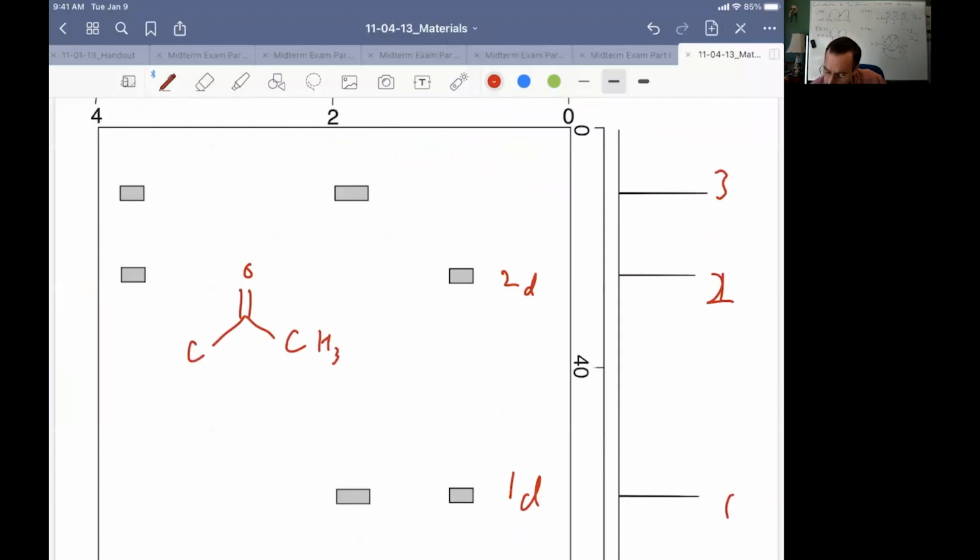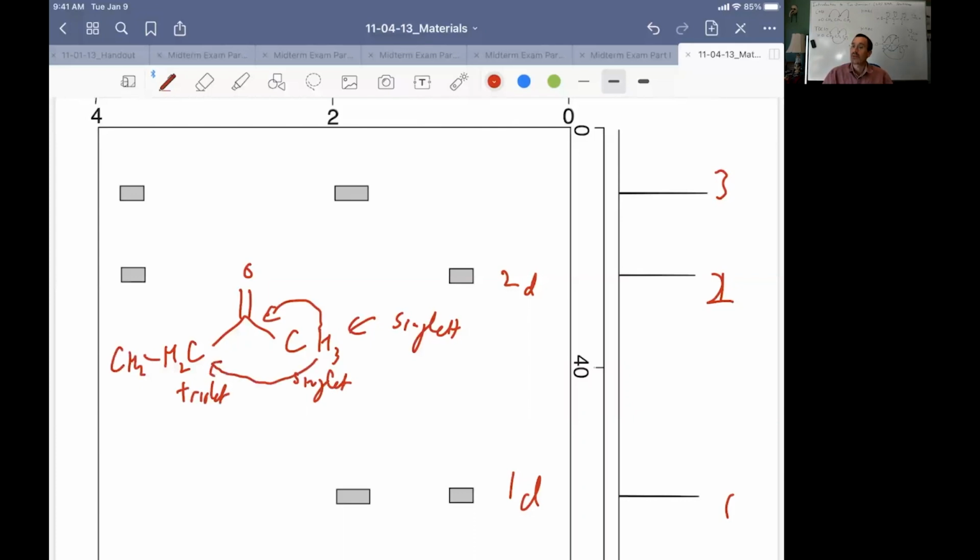And we have a methyl group that's isolated, that's a singlet, and here we have, let's say, a triplet. And we see that that methyl group gives a cross peak with the carbonyl carbon, and it gives a cross peak with the carbon that's associated with the triplet.